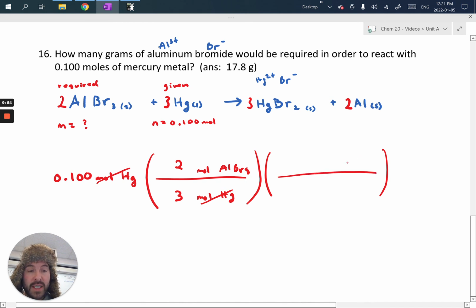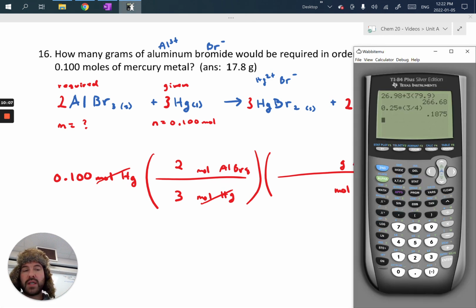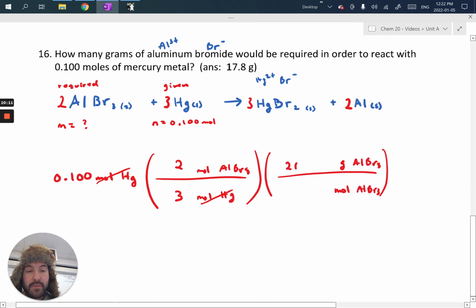I want to get to grams of aluminum bromide, and I have moles of aluminum bromide. So I need the molar mass. So my conversion factor here is going to be the molar mass, which I've already calculated to be 266.68 grams for every 1 mole of aluminum bromide.